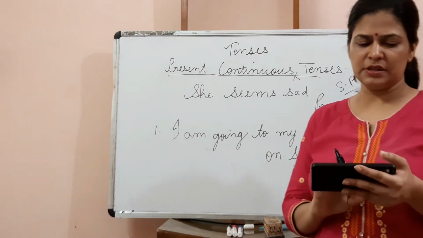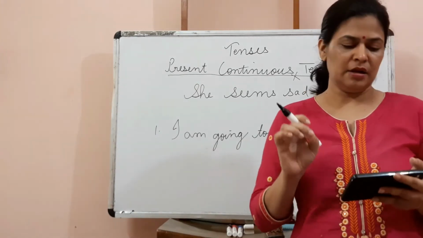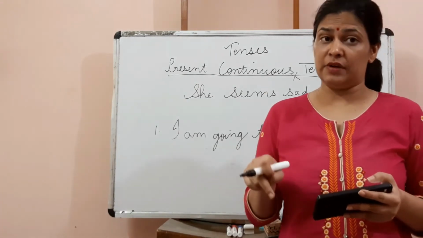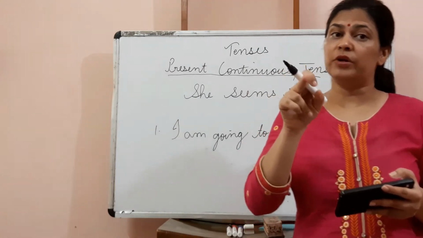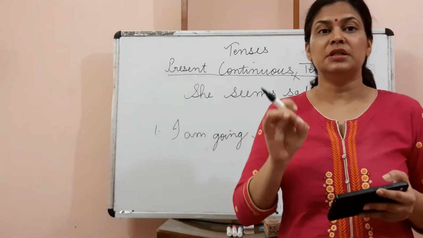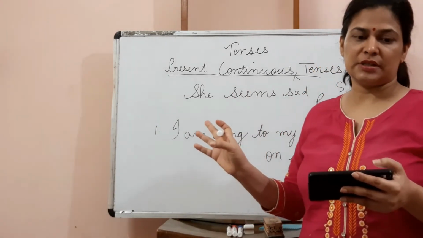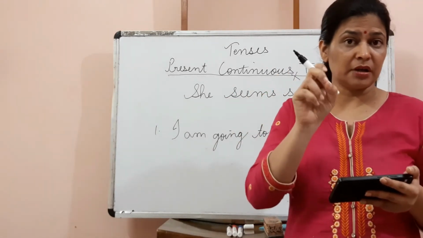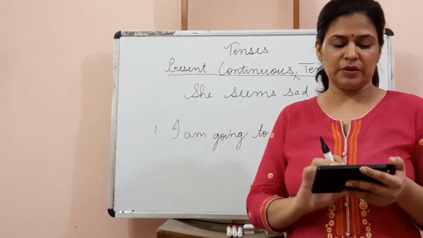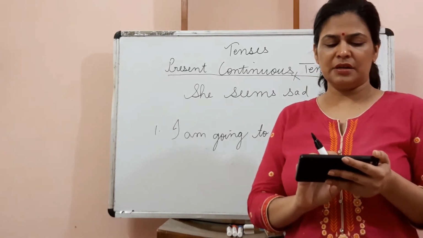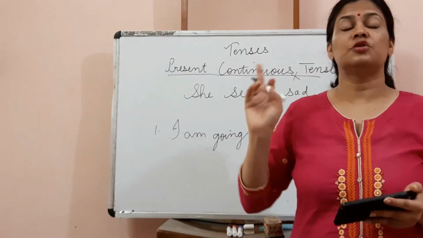Next example given is "We are meeting Mr. Lal this evening." So this evening itself we are going to meet Mr. Lal. The meeting has been fixed. This evening shows particular time, date. So everything is fixed. "Mr. Menon is flying to Singapore tomorrow."